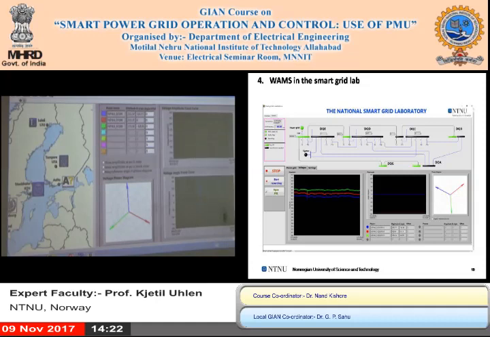They are plus minus 120 degrees, so they are fairly symmetrical, both in amplitude and phase angle. You see. So this is live from our laboratory right now.